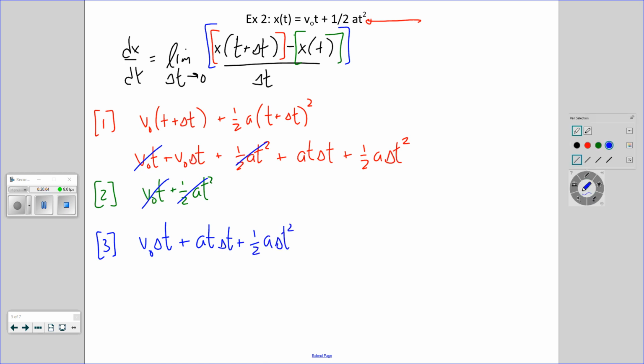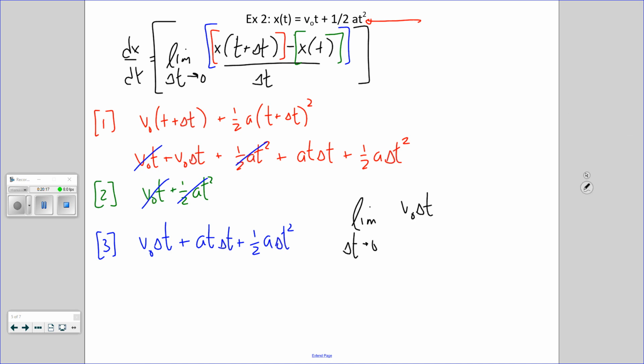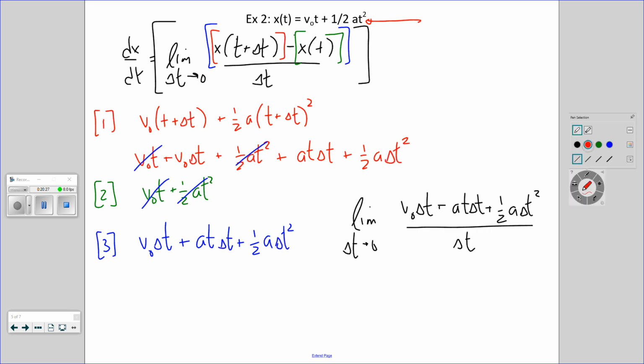If we do the whole thing and take that limit of V naught delta t plus AT delta t plus 1/2 a delta t squared over delta t.